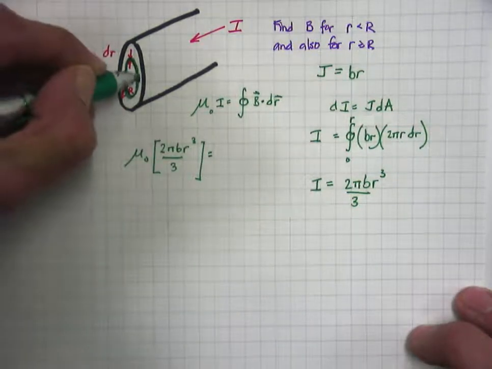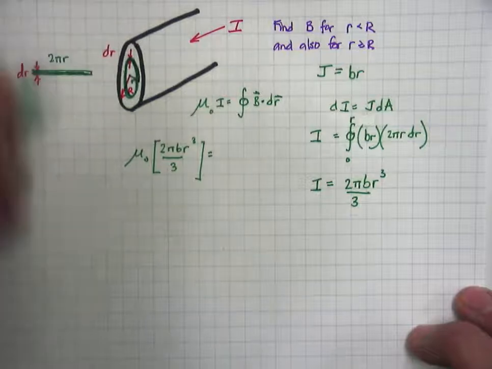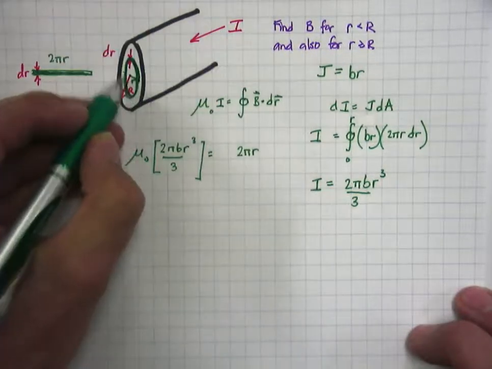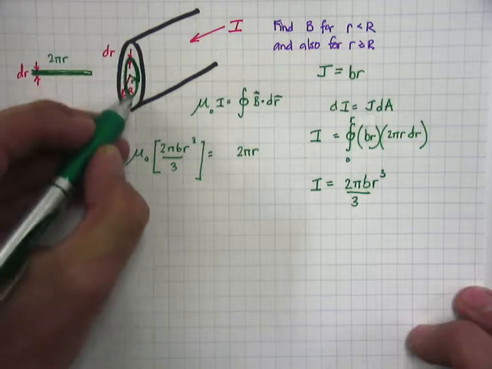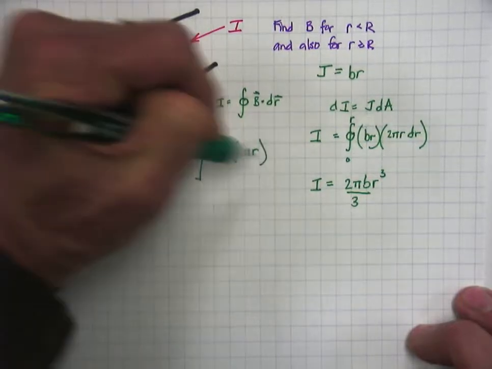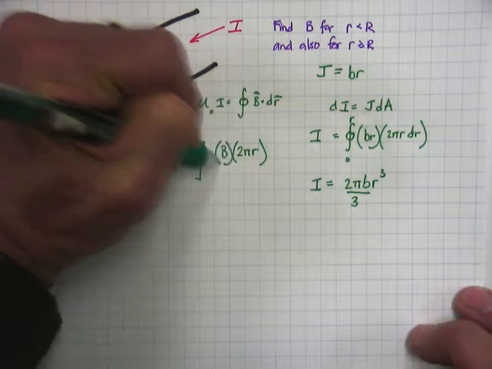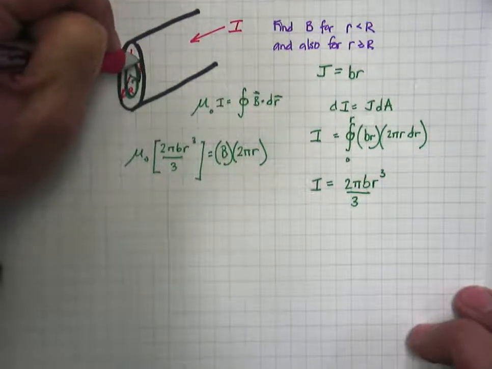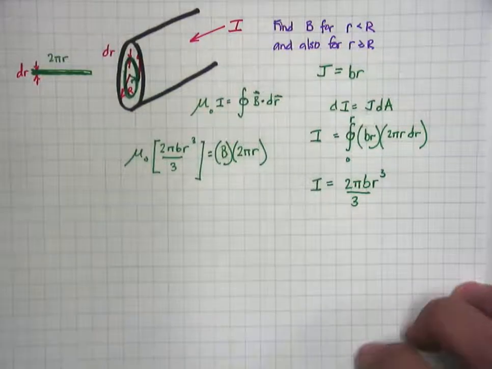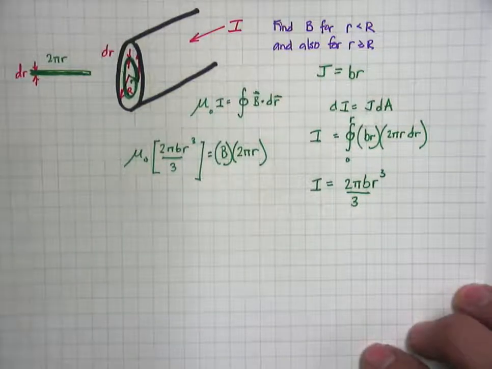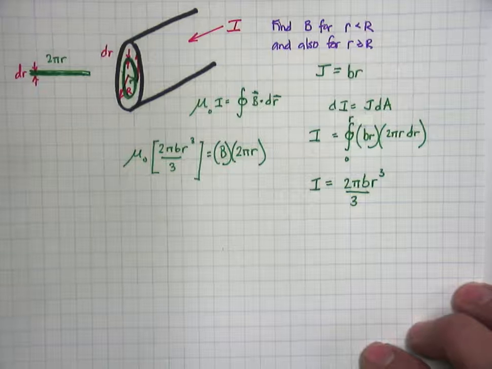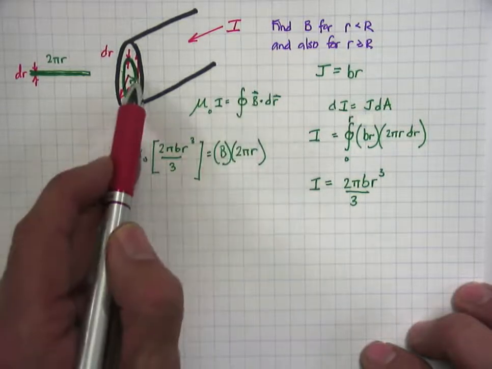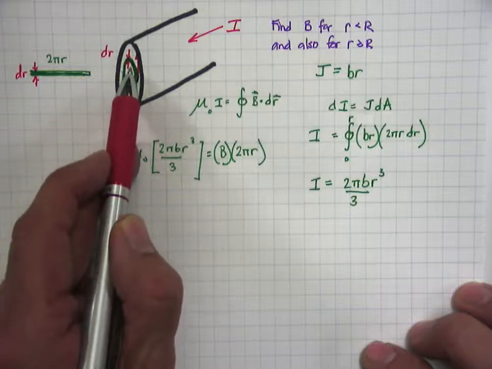So we've got a dl there, dl there, dl there. And if you add those up, of course, that's just the circumference of our little mental construct known as an Amperian loop. And by the way, we can get rid of the dot product because all of the little dl's are always going to be parallel to the magnetic field direction. And that magnetic field is going to be constant at any given r. The strength of it is going to be constant all the way around.